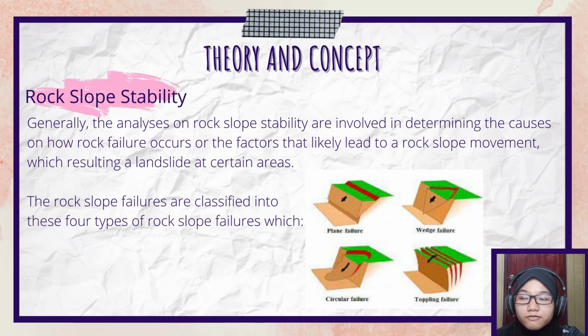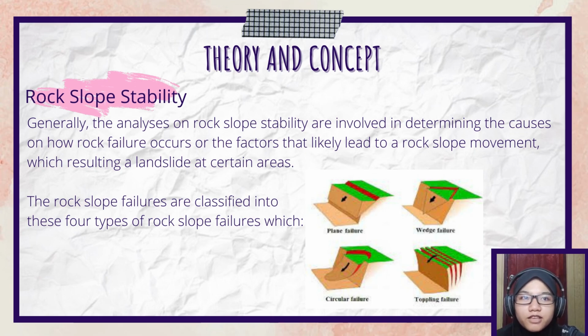These rock slope failures are classified into four types. The first one, planar failures, occur along a single discontinuity surface dipping out of the rock slope surface. Second, wedge failures involve a failure mass formed by two different discontinuities with a line of intersection that inclines out of the rock slope surface.